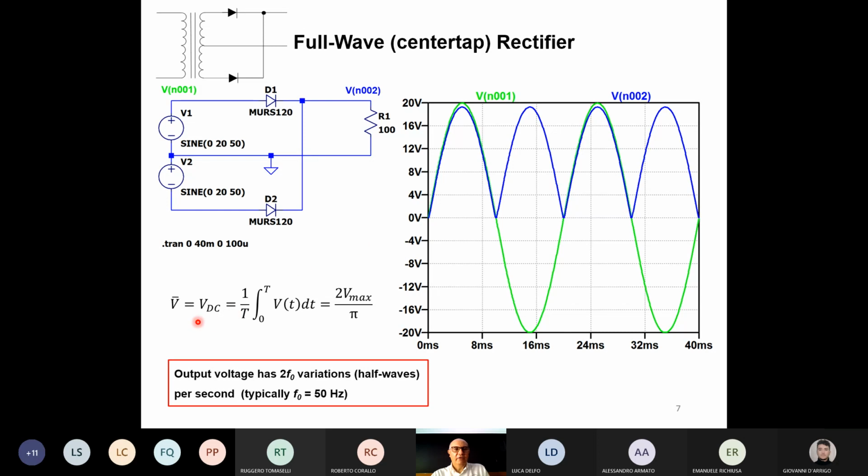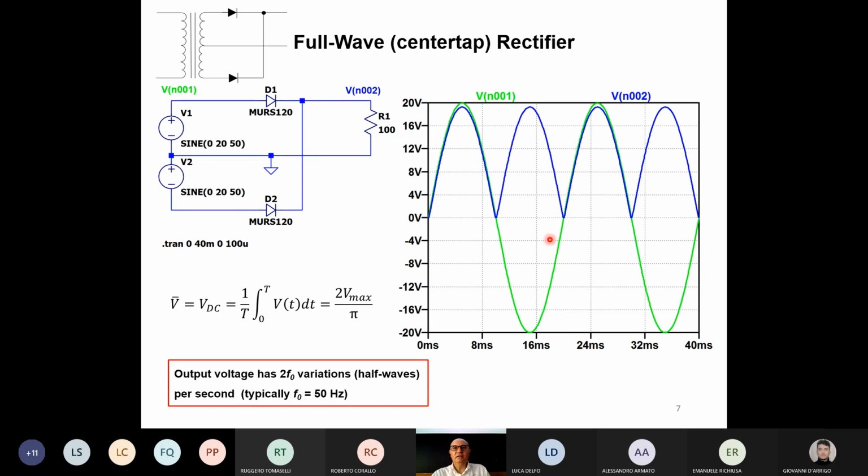If you take the average voltage, and you do again using the integral, in this case you extend the integral to 1 cycle, which is 20 milliseconds, you will see that the average voltage has doubled. Before it was Vmax over pi, now it's 2 times Vmax over pi.